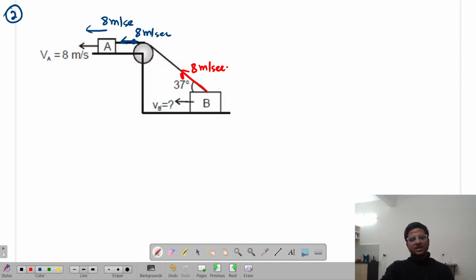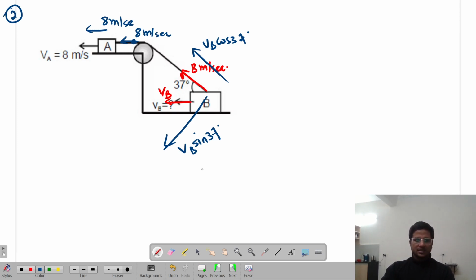तो वेलोसिटी ऑफ बी कैसा है, अगर मान लो ये वेलोसिटी ऑफ बी है, तो इस डायरेक्शन में, थ्रेड के डायरेक्शन में जो वेलोसिटी ऑफ बी होगा वो कितना होगा, V of B × cos 37। और परपेंडिकुलर टू थ्रेड कितना होगा, V of B × sin 37। तो हमें मालूम है ना कि जो भी ब्लॉक होगा उसका वेलोसिटी थ्रेड के डायरेक्शन में कैसा रहेगा, सेम। तो बेसिकली हम क्या लिख सकते हैं, V of B × cos 37 must be equal to 8. इज दैट क्लियर?